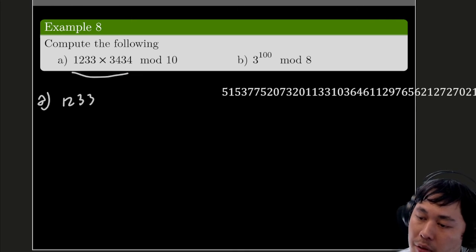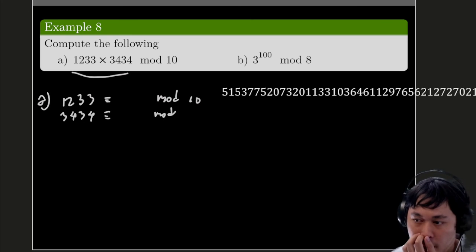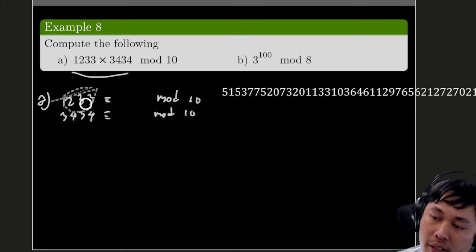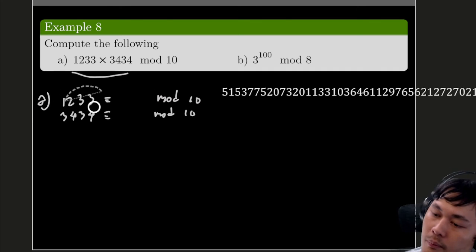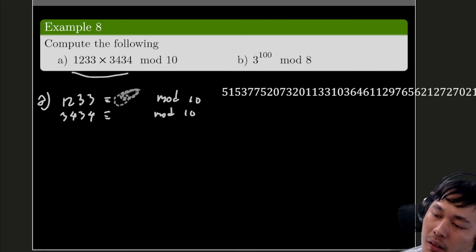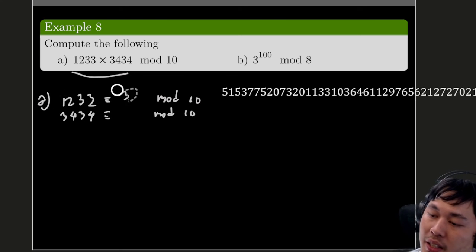As before, the first step is to find a smaller number that can represent this large number. If you divide the number by 10, then the remainder is that last digit. If you divide that by 3, the remainder is 3.